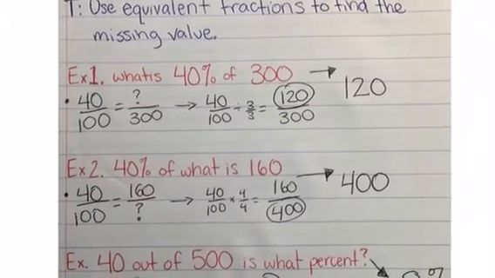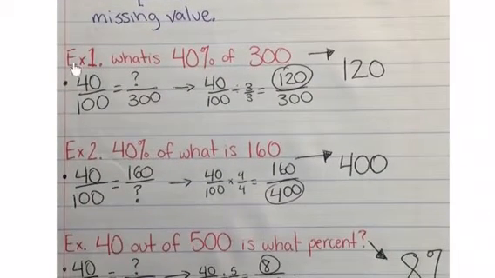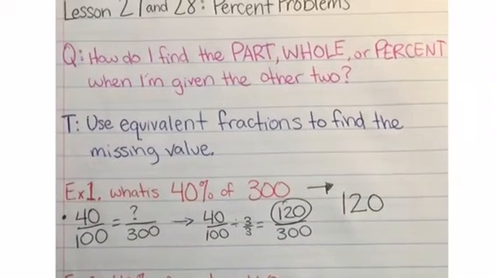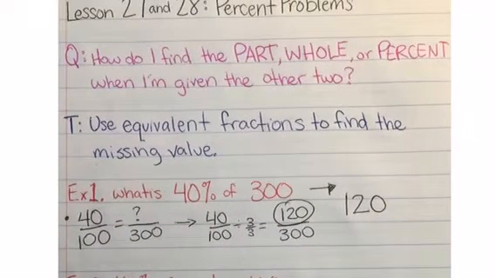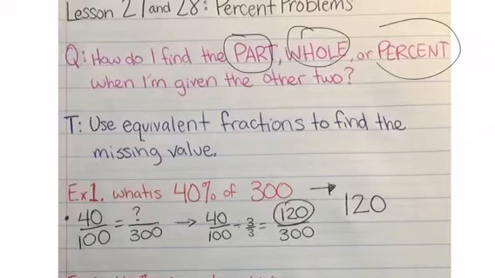As you can see here, there are three examples, example 1, example 2, and example 3, and each of those represents a different one of these problems up here, whether we might be looking for the part, the whole, or the percent. Okay, and we're going to look at how to find each of those things.